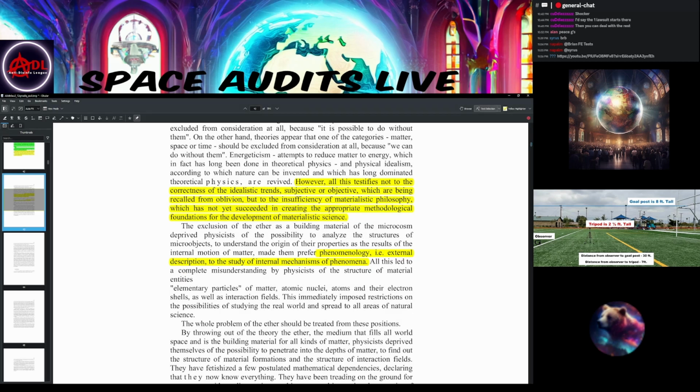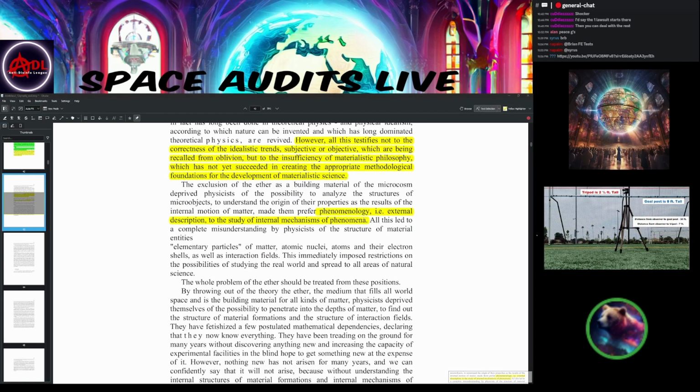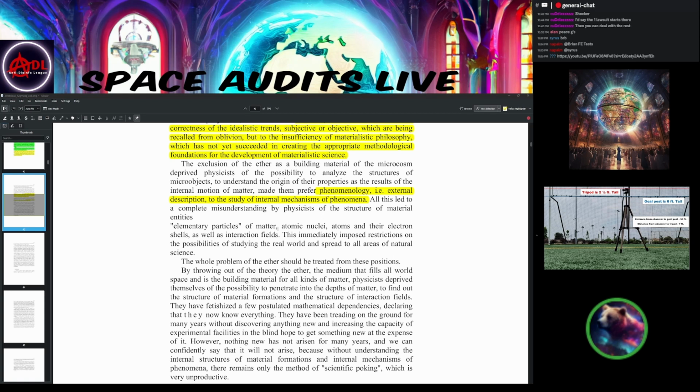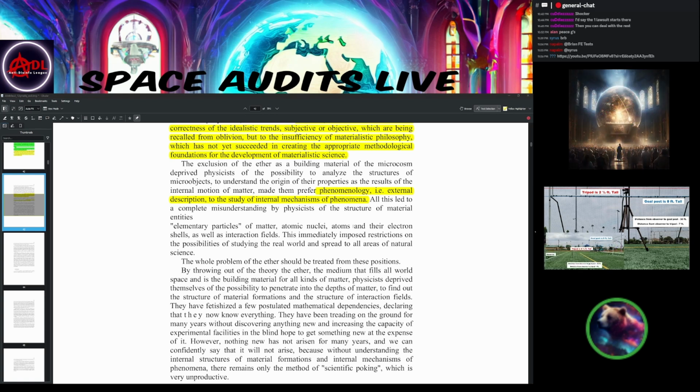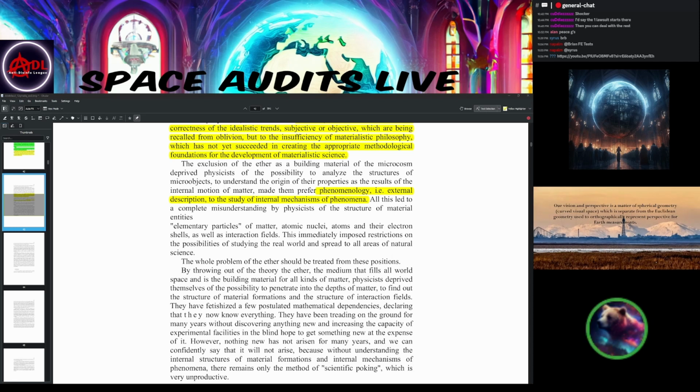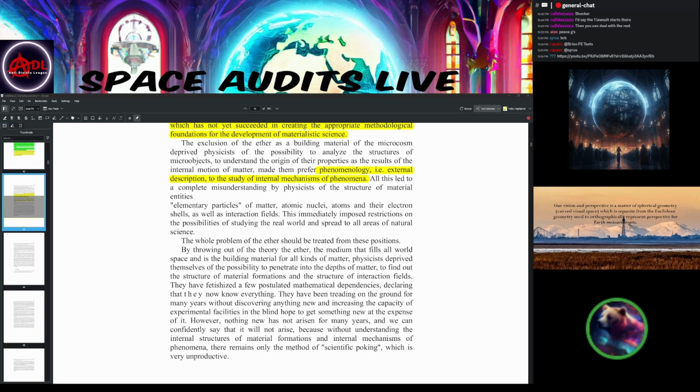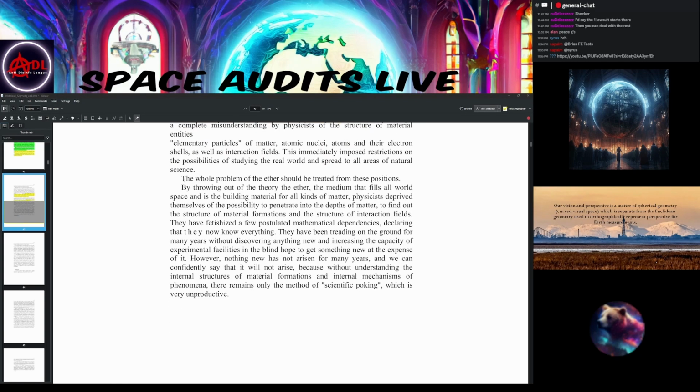All of this led to the complete misunderstanding by physicists of the structure of material entities, elementary particles of matter, atomic nuclei, atoms and their electron shells, as well as their interaction fields. This immediately imposed restrictions on the possibility of studying the real world and spread to all areas of natural science.